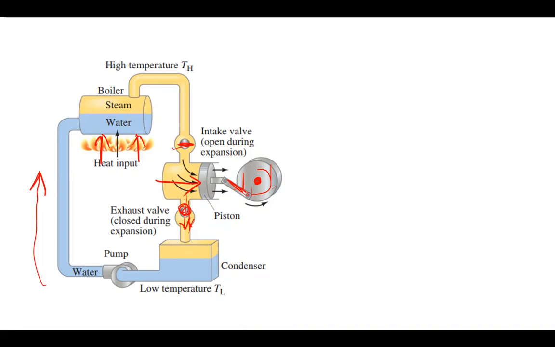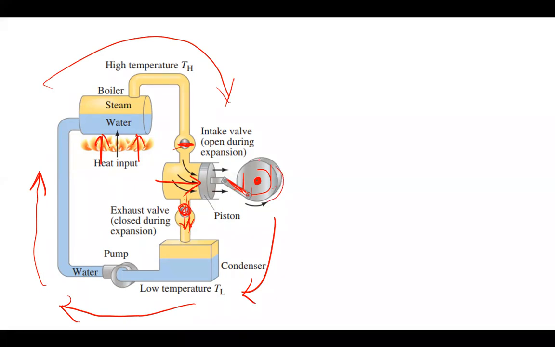So it continues like that. It's a cycle. That's why they say most heat engines run on a cycle, hence the turbine continues rotating, producing electricity.